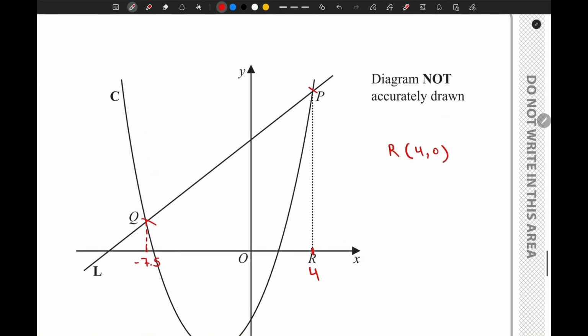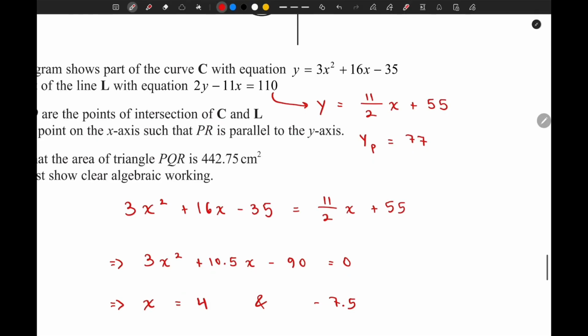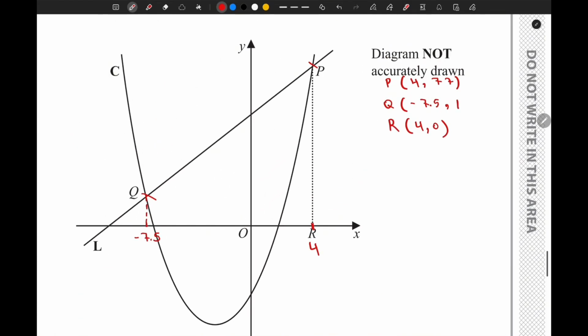So the coordinates of P is 4 and 77. And the coordinates of Q is minus 7.5. All right, now if we substitute minus 7.5 into this equation, we should get 13.75.